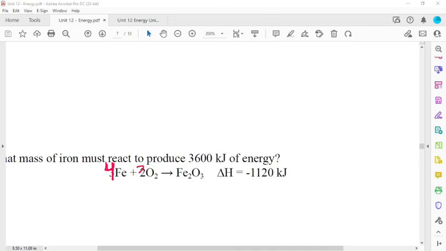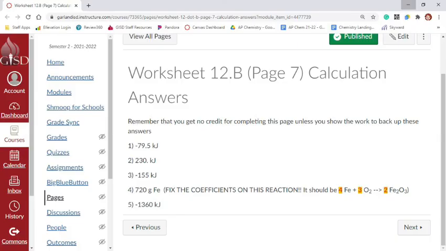So in question 4, these coefficients should be 4, 3, 2. And if you use these correct coefficients with the correctly balanced equation and these kilojoules over here, you should be able to get that same answer that I had just shown you on our Canvas page. 720 grams of iron is what we would expect there.